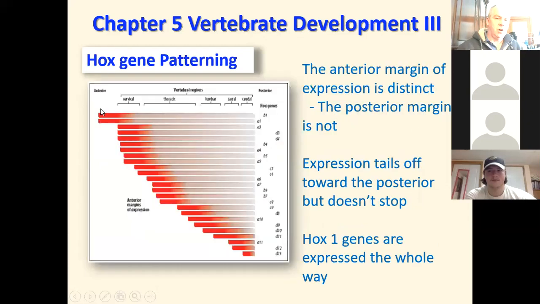And so this is the anterior end. The first few Hox genes get turned on. They never go off. As the node advances, different ones get turned on, different ones, different ones. And by the end, they're all on.